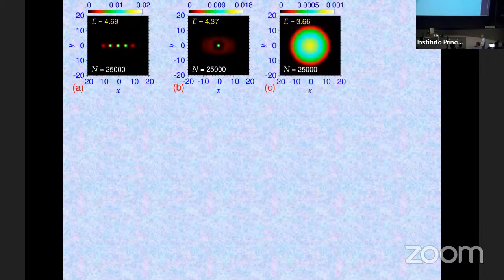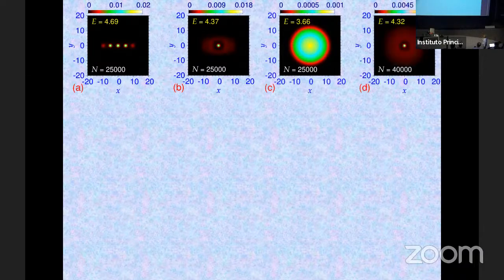Because the first trap is very strong, it is crushed in the middle and 3 droplets are formed. Now it is 1 droplet. And then you go to the 2D trap, where no droplet is formed because at this stage it is too weak for the system to collapse and form droplets. But if you take more atoms, it forms a droplet.